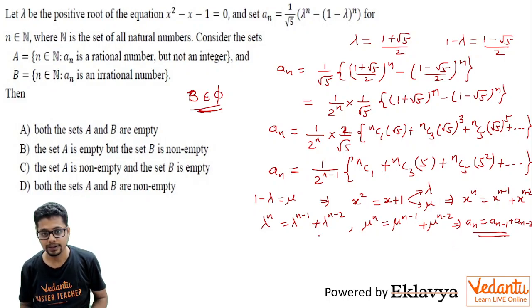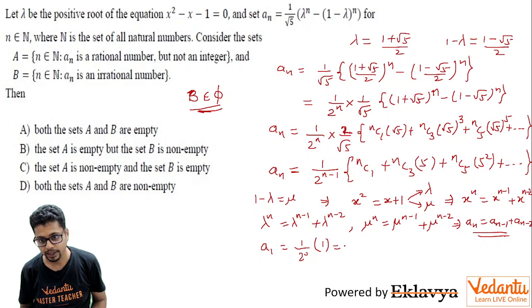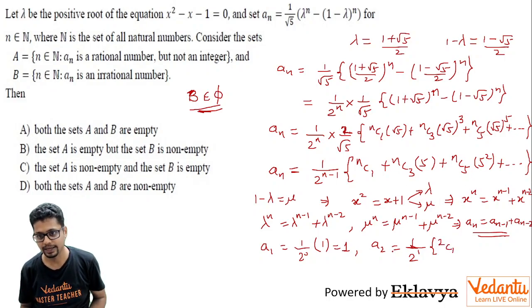Here, if you see carefully, what about a1? If you put n to be 1, you get 1 by 2 to the power 0, and you are left with just one term 1C1, which is 1, so you get 1. What about a2? You put n to be 2, you get 2 to the power 2 minus 1, which is 2 to the power 1, and again you are left with just one term 2C1, because 2C3 and so on would not come when n is 2.